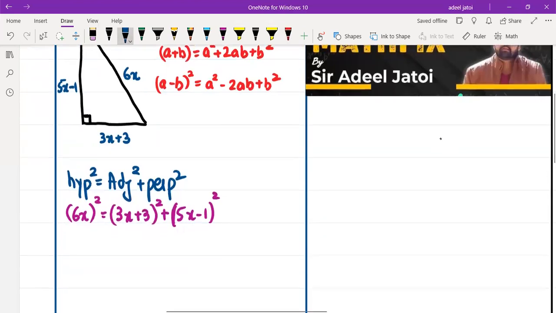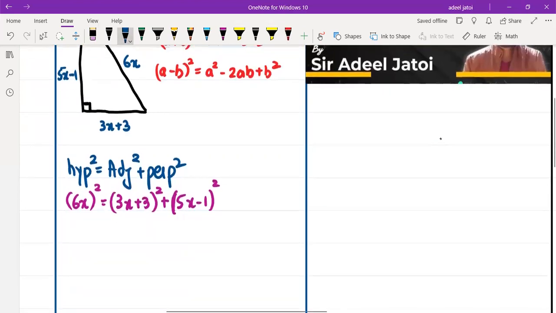So let's open this up. This should be 36x square; 6 square is 36, x square is x square. This should be 9x square, then 2 threes are 6, 6 threes are 18x because it is 2ab, and 3 square is 9.